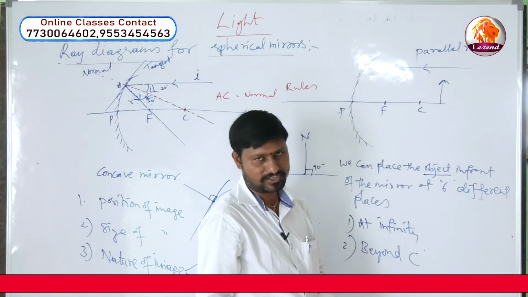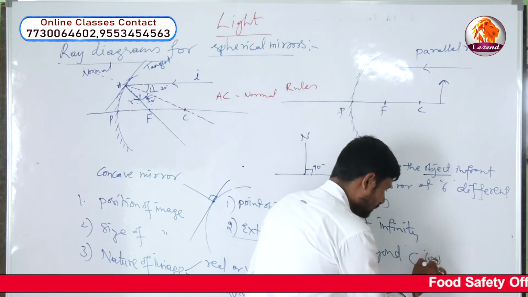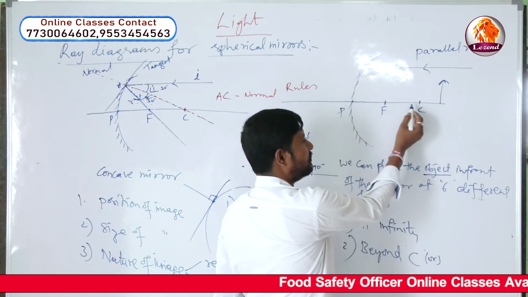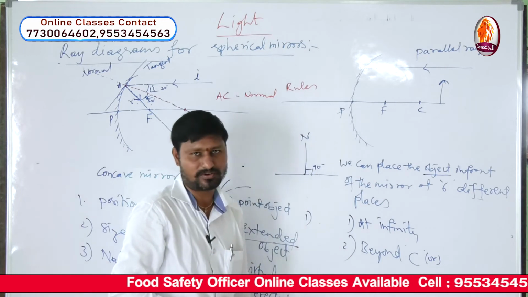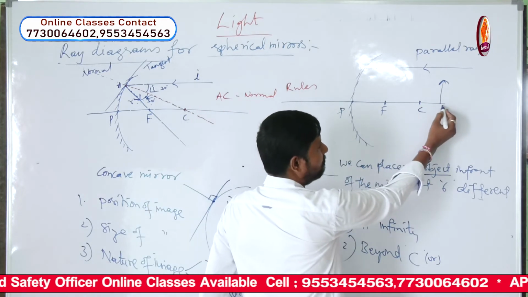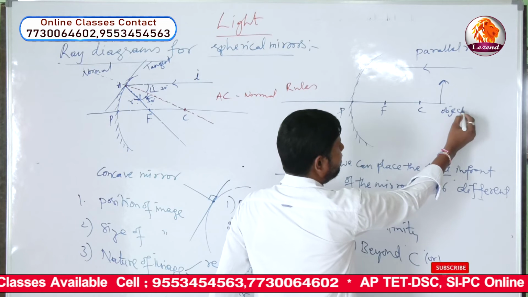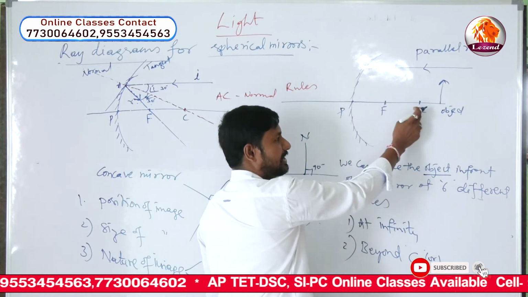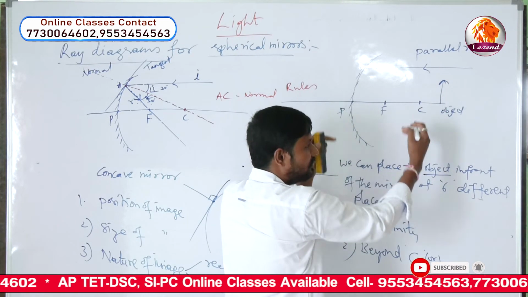You know that P to C is considered the radius of curvature. So we are placing the object at a distance greater than the radius of curvature of the mirror.